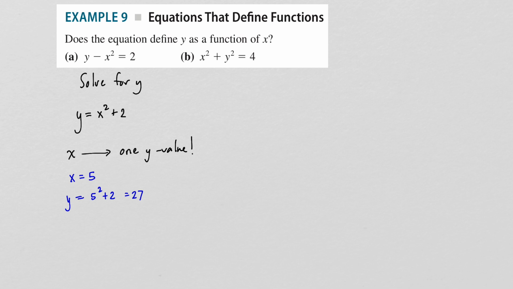So we get a single y value. If I plug in x equals negative 3, y is going to be negative 3 squared plus 2, which is equal to 11. Again, only one y value. So we do suspect that the answer here is yes, this represents a function.